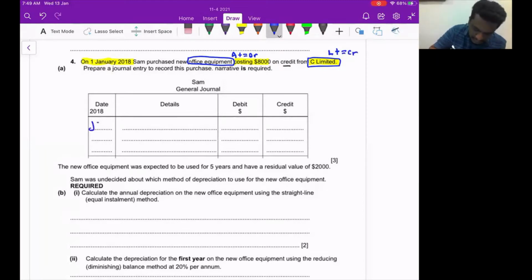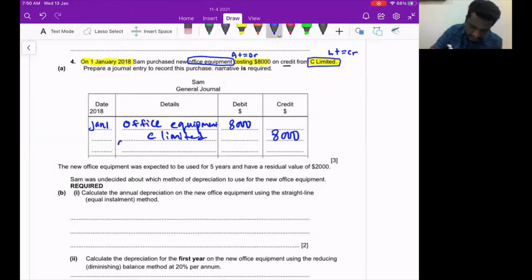So we write January 1, debit office equipment 8,000, credit C Limited 8,000.